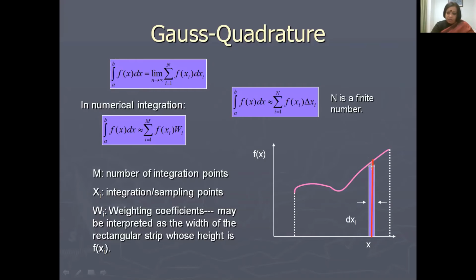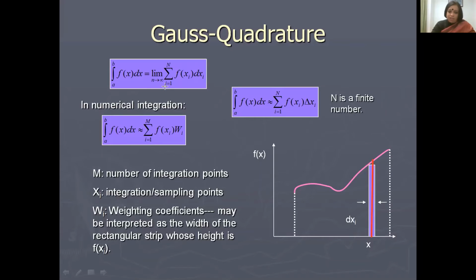And around this xi, I choose a rectangle or a trapezoid. Let's say for the moment we'll choose a rectangle of infinitesimal width. That is my dxi.